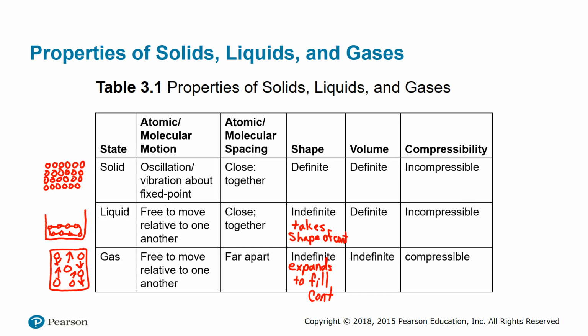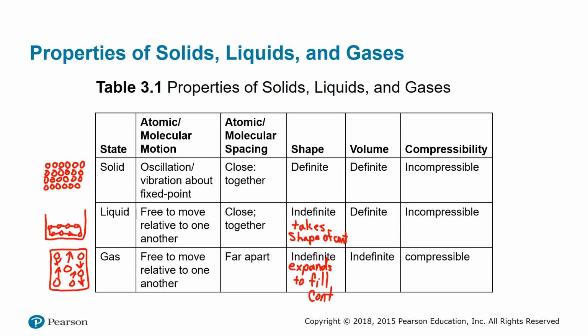If you think about the tires on your car, if you read the side of it, it says a recommended inflation pressure, but we can fill it more than that pressure. We can fill it less than that pressure, and that just means we're adding gas molecules or removing gas molecules from it.